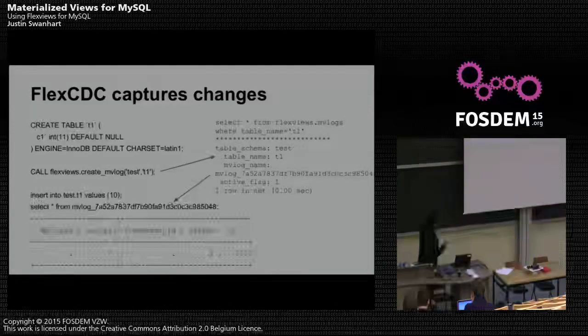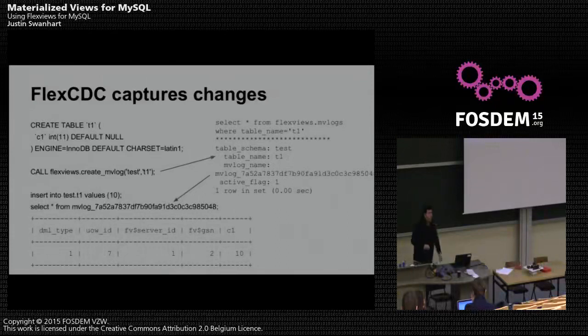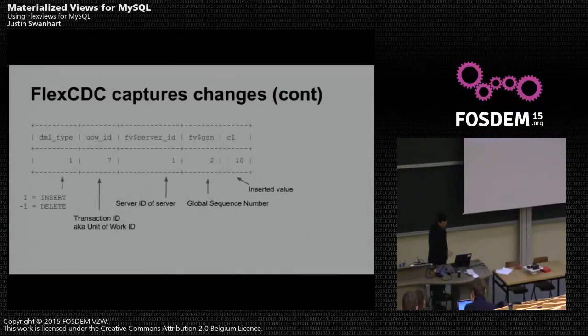Now, every materialized view log has 4 columns that start the table: the DML type, the unit of work ID, the server ID, the global sequence number, and then the actual columns from the table. Right? So these things all have a good meaning. Right? Inserts are 1, deletes are -1, updates are -1 followed by a 1. Right?